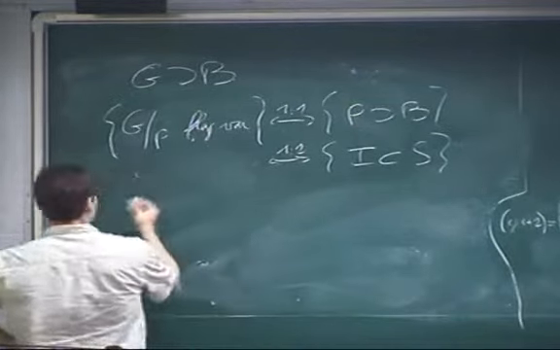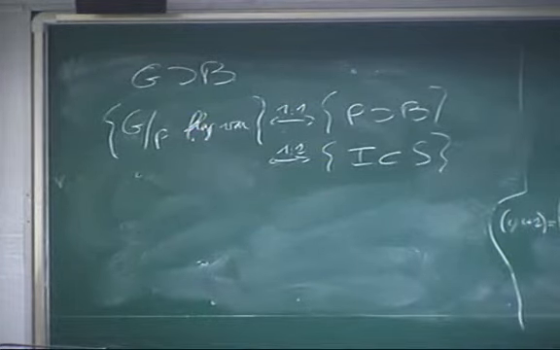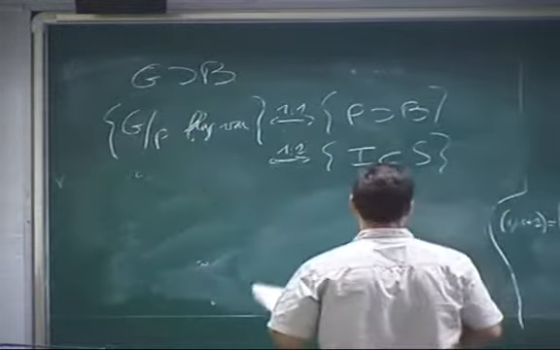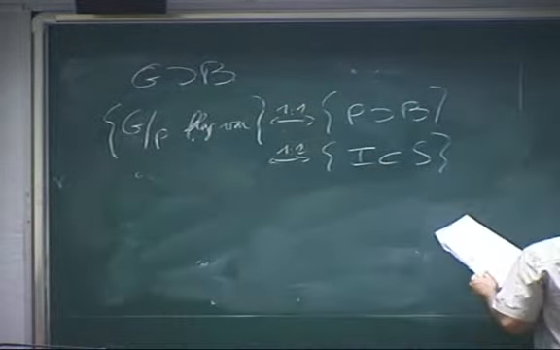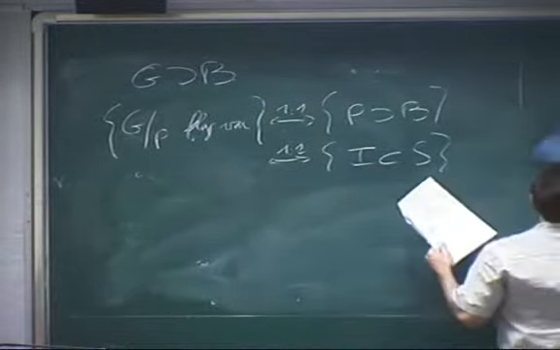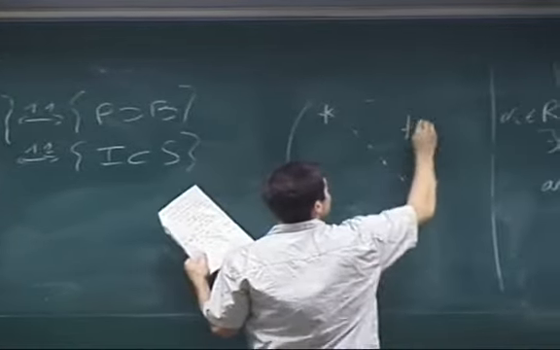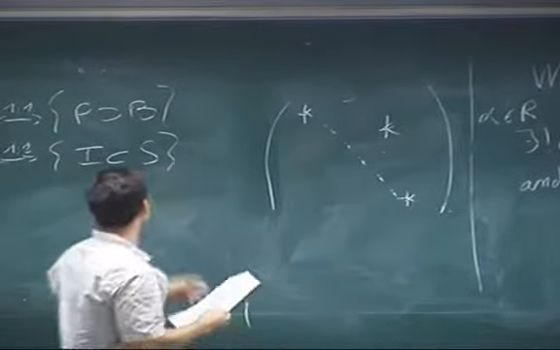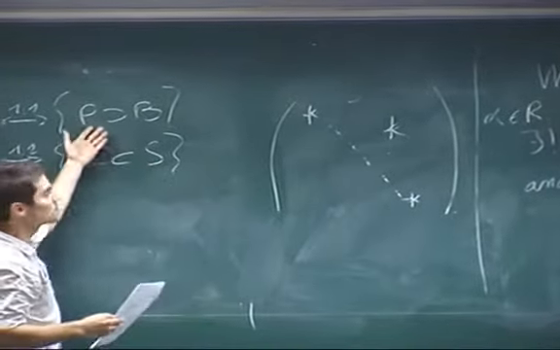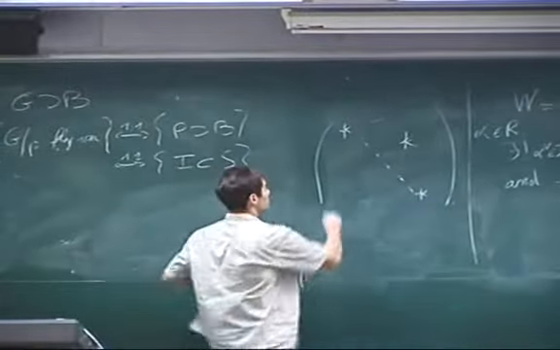So maybe I do the example of SL_n. In SL_n, if we take the Borel subgroup, the upper triangular matrices, this is B. We want a closed subgroup which contains this subgroup.